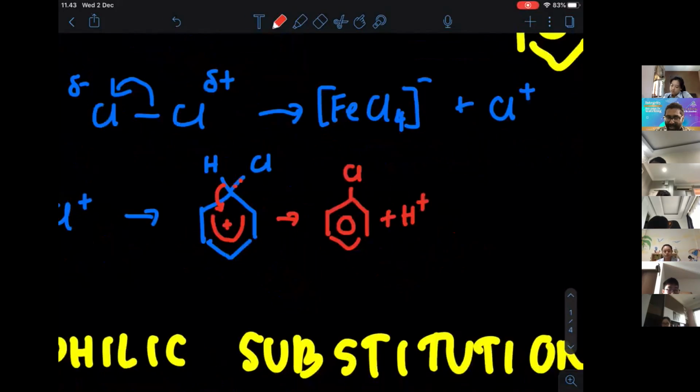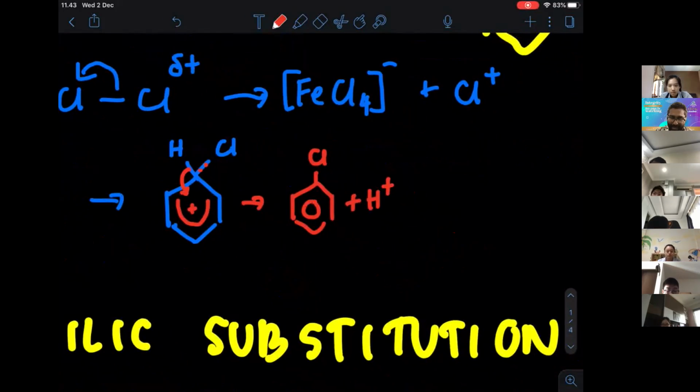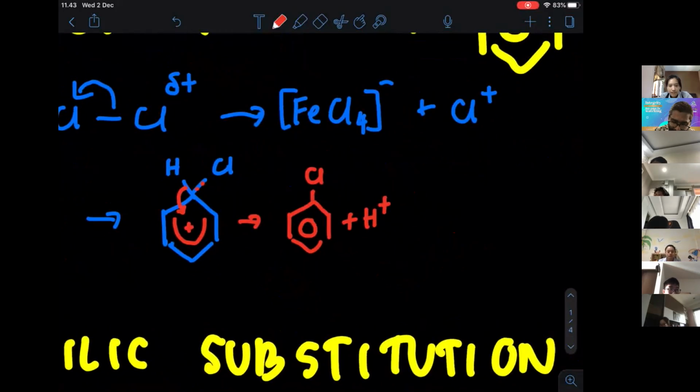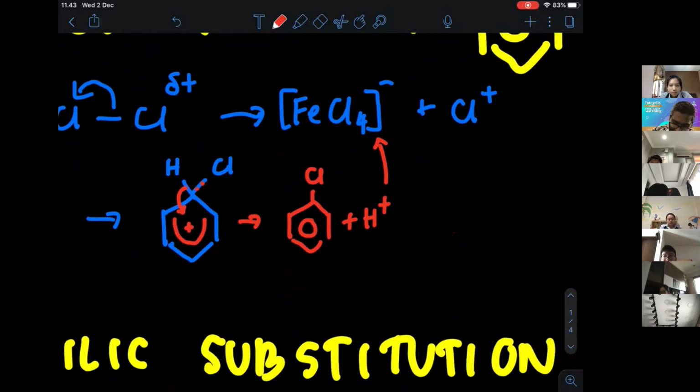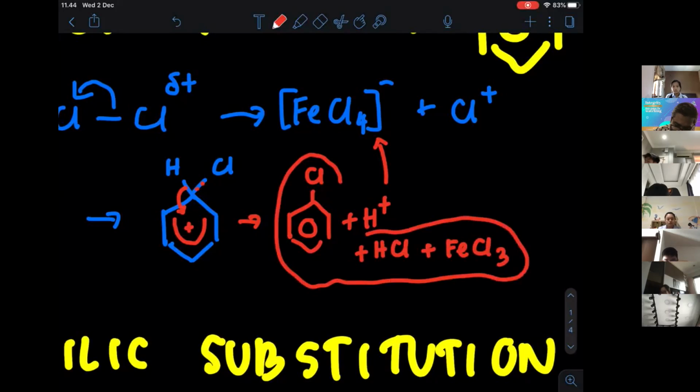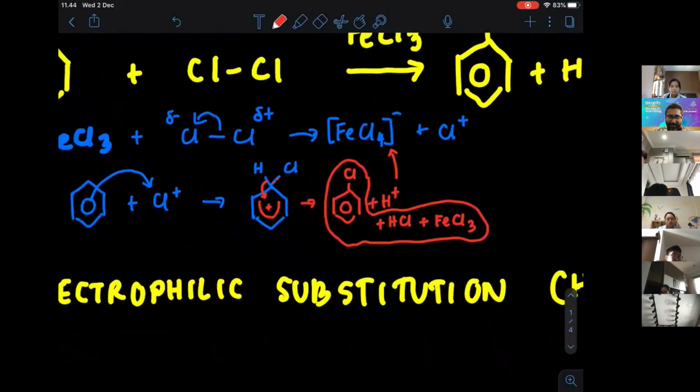This H plus will join again with the FeCl4 minus, and they are going to give HCl and get FeCl3 back. This is going to be the product of the reaction.